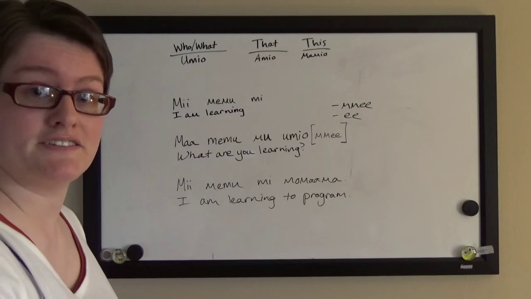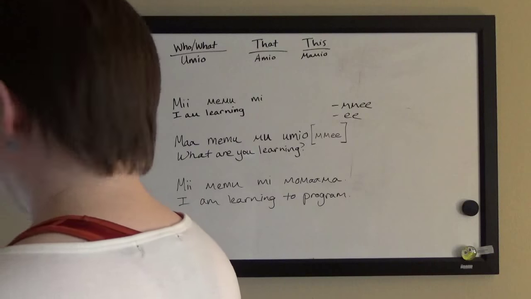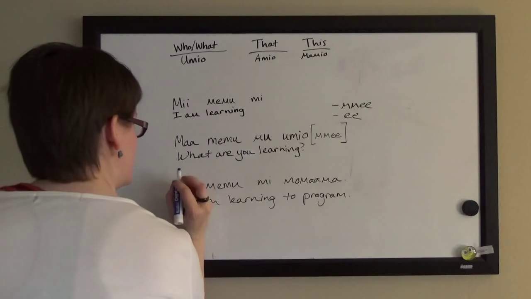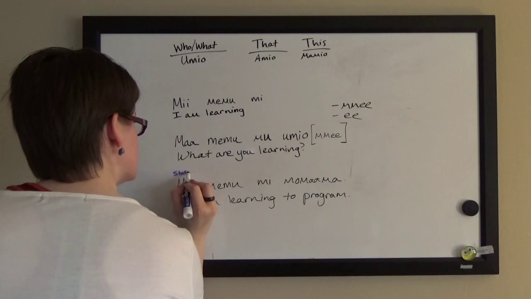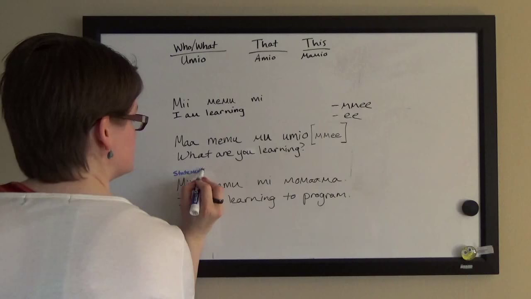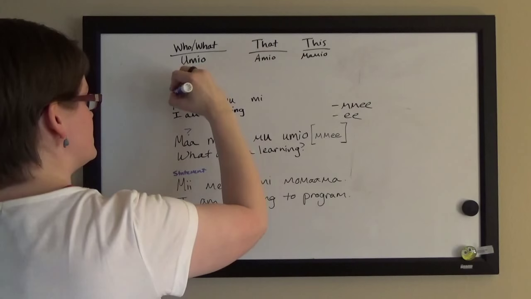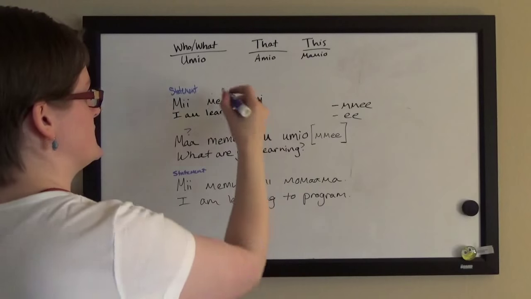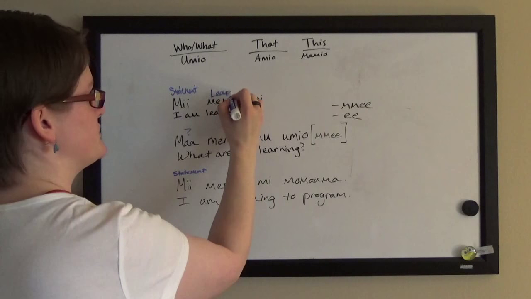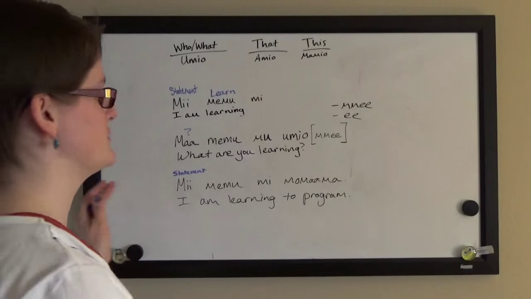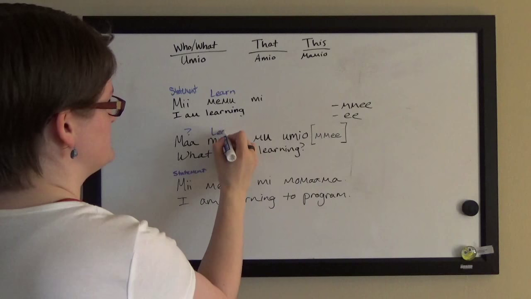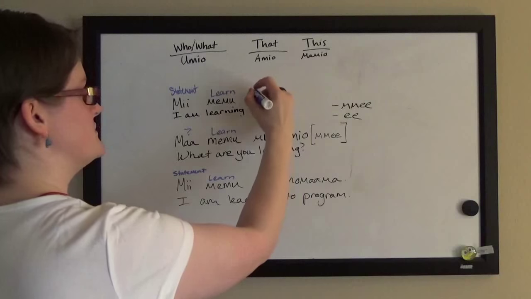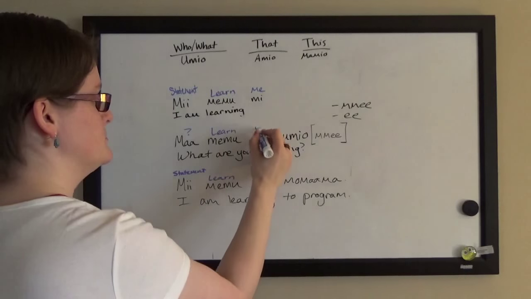Okay, so let's add the actual translation just so it's a little bit more understandable. This is a statement. And this is a question. Learn, let's just put in a general verb form. This is me. This is you.